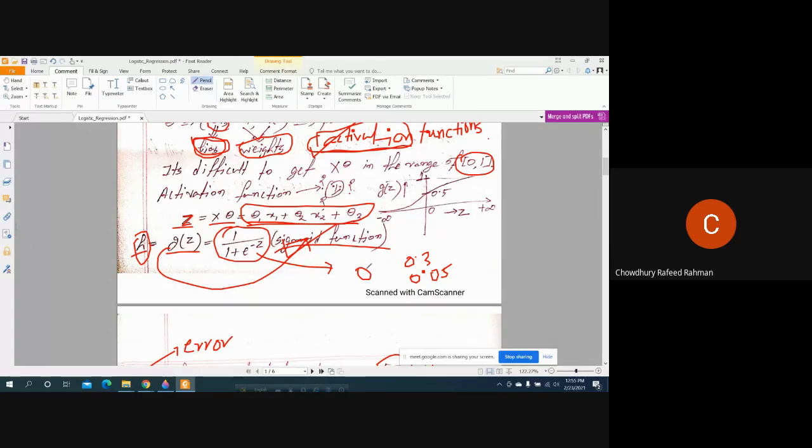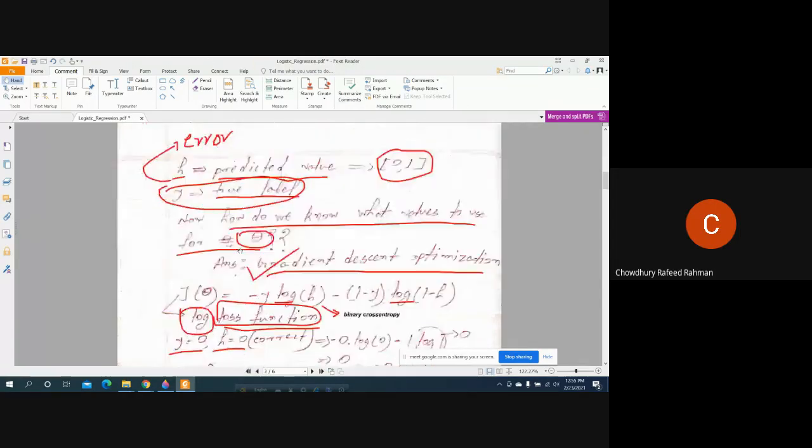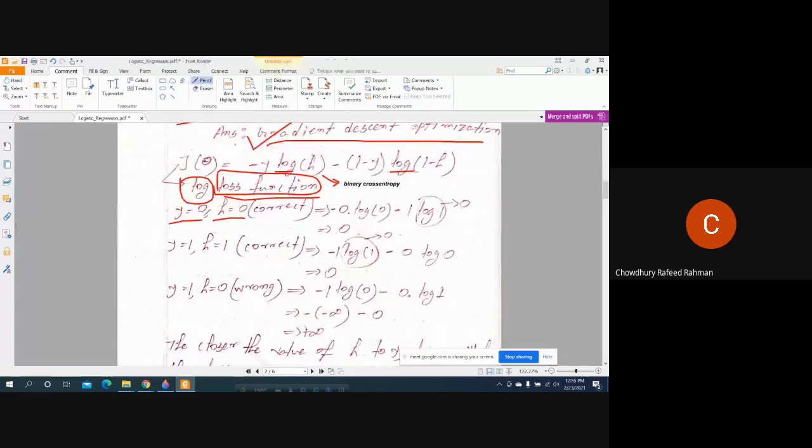Do you understand this? Yes, sir. But suppose in a very ideal case we get a value of 0. That means the predicted value is exactly equal to our true value, so the prediction is correct.